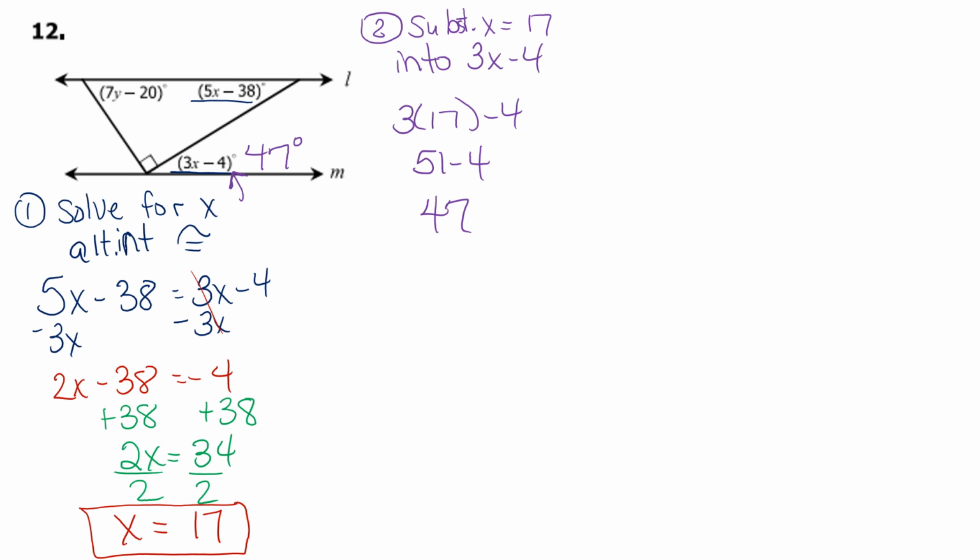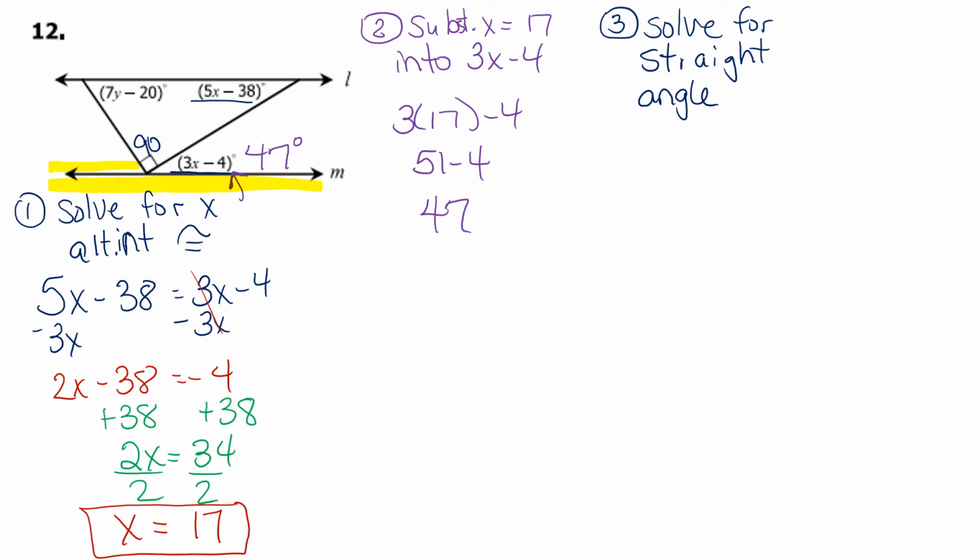So what I'm going to focus on now is finding this measurement here, and I can do that because this whole thing makes a straight line or a straight angle, and we know that those equal 180 degrees. So we're going to solve for the straight angle, also called a straight line. We know that this measurement with the little square in it is a 90-degree marker square, so it's 90 degrees.